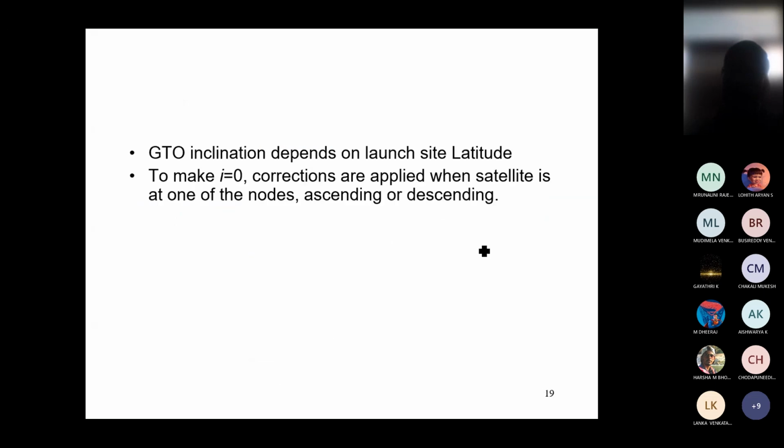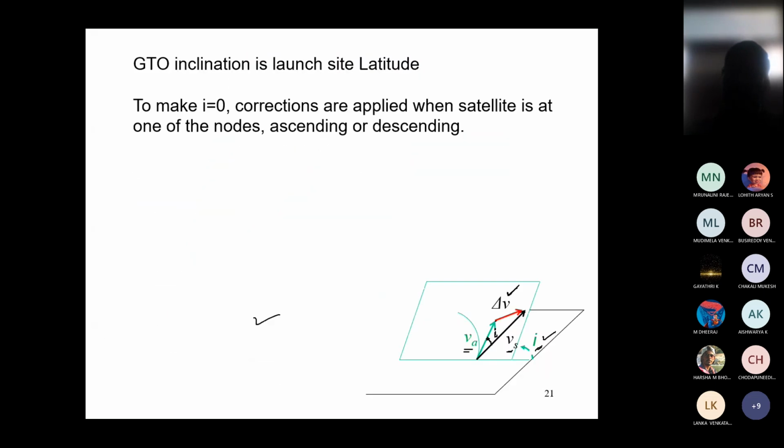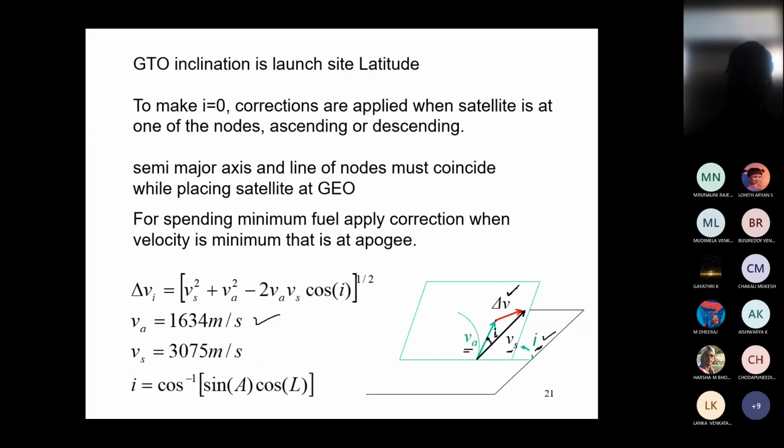So let us do the calculation here. We have used the same velocity over here. Okay, so if you are using this value VA and VS in this above equation, you can put here, here and here. So what will be unknown?